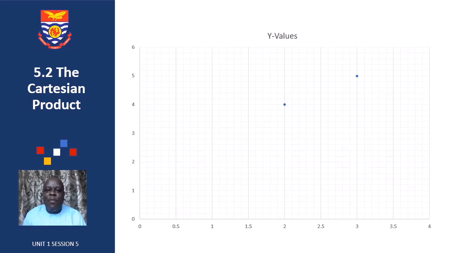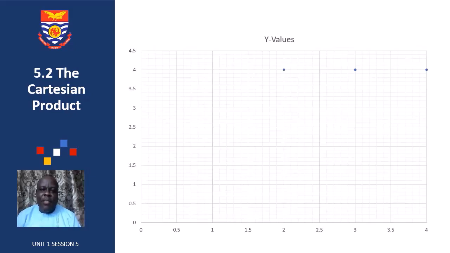So those are some of the subsets that you can get from A cross B. So these subsets can be plotted on a graph. So for example, you can plot (2, 4) on the graph. You can also plot (3, 5) on the graph to get the first relation.